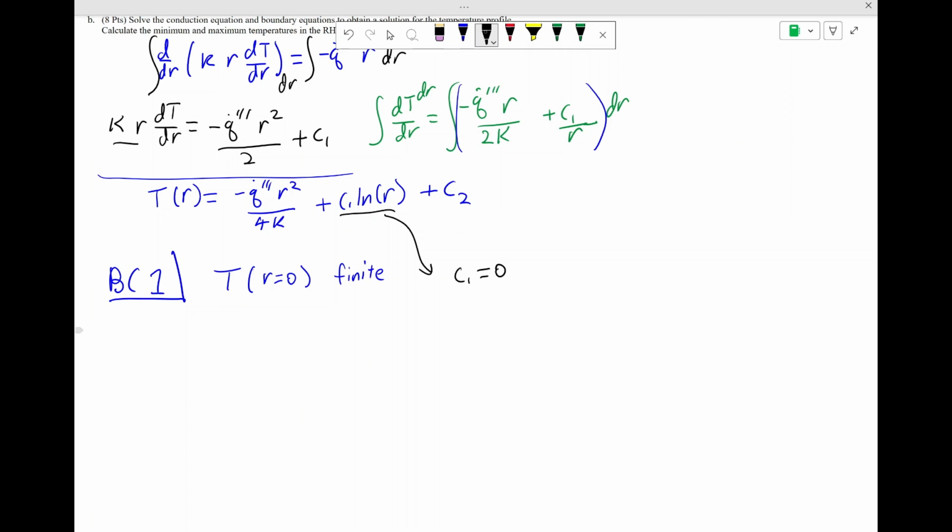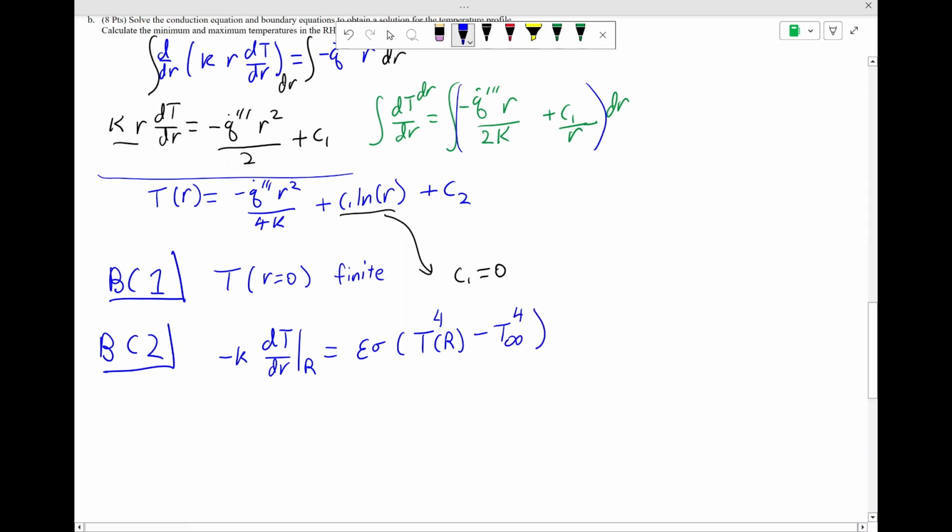Okay, so for our second boundary condition, now evaluated at the outer radius, we can plug in our solution here. So we have minus k dT/dr at big R, and that is equal to epsilon sigma times T of big R to the fourth minus T infinity to the fourth. So we'll take our derivative here.